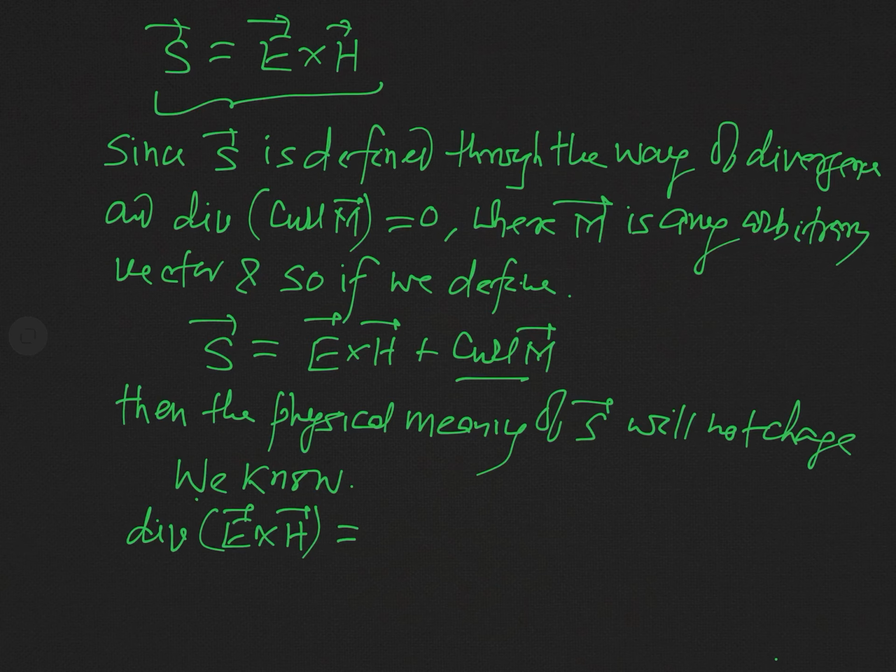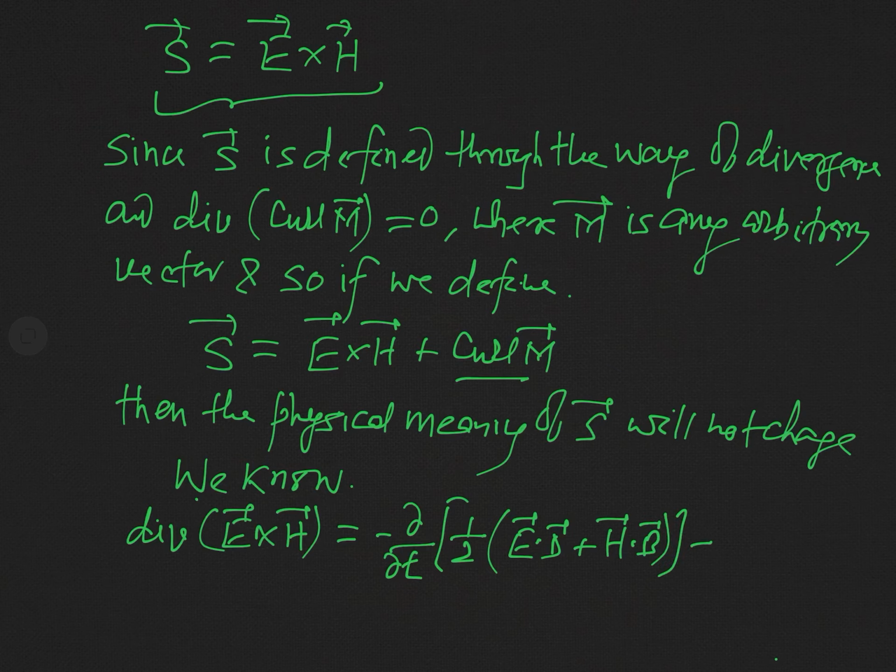We have seen that this is minus del t of 1/2 E dot d plus H dot b, and minus J dot E. We have seen it.